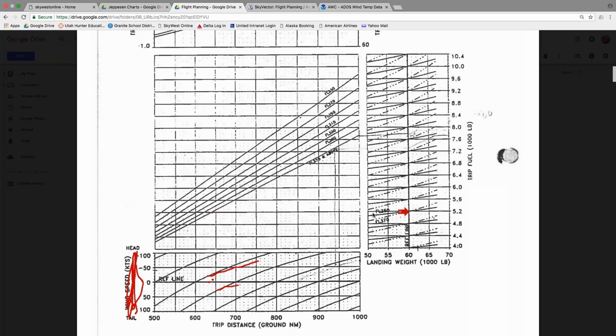So it's 59,583. So 59,000 pounds, just slightly below 60, and we're flight level 370, so we follow it back to about right there. Take that over, we're just below 5.2 thousand pounds.